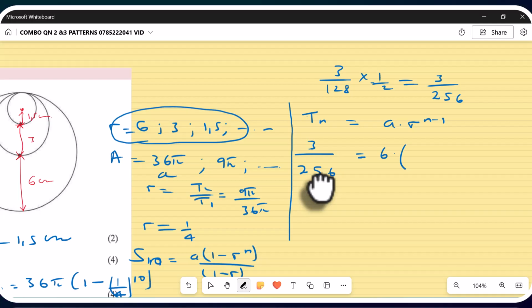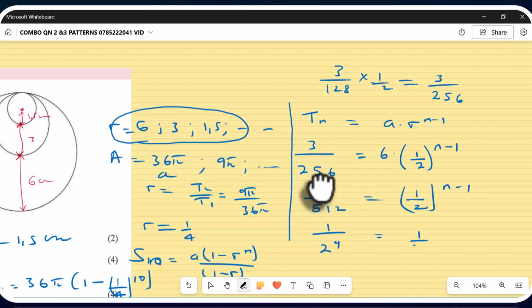So this one, you can say 1 over 512 is 1 over 2 to the power 9, equals 1 over 2 to the power n minus 1. So from here you can see that 9 plus 1 gives us n as 10.